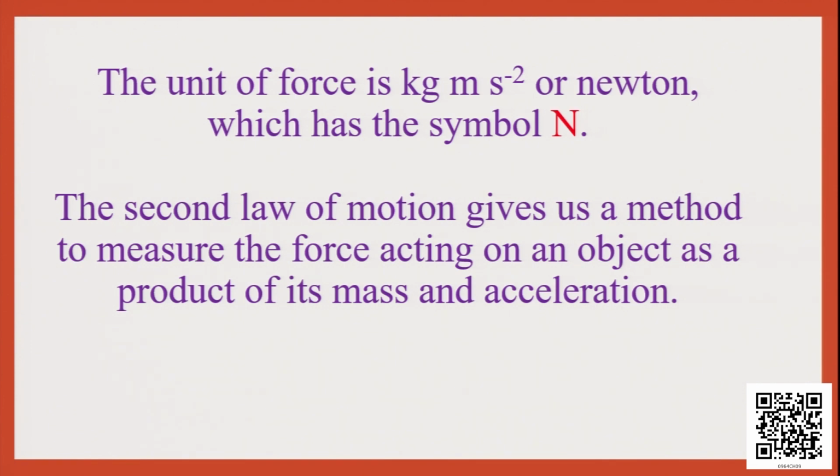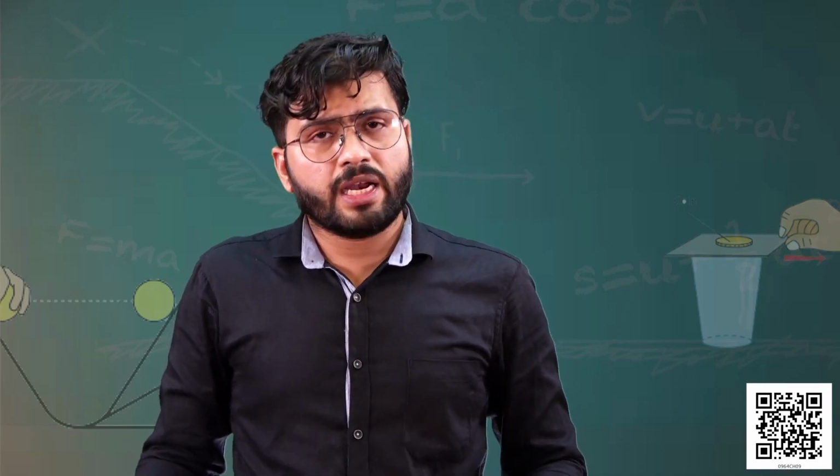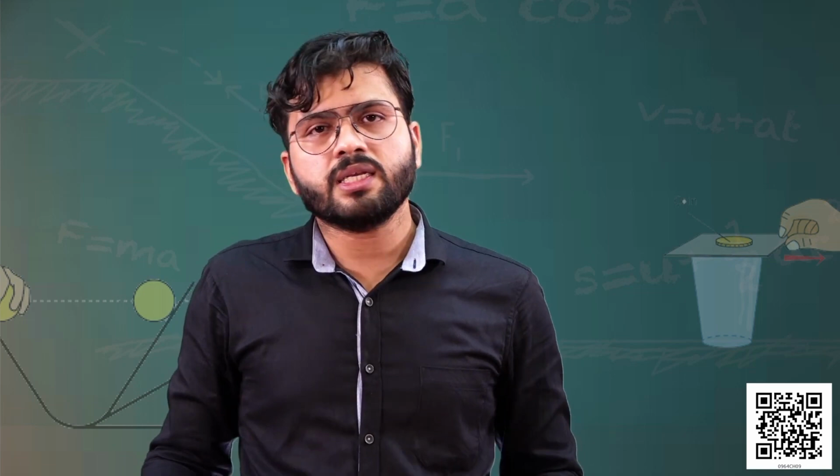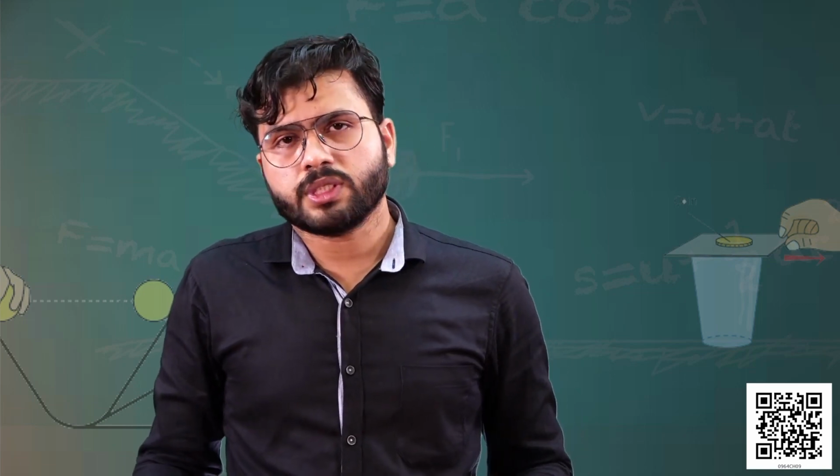Because that is the unit of acceleration, and otherwise, as we know, the SI unit of force is Newton, given by the symbol N. So, here what we conclude is that the second law of motion gives us a method to measure the force acting on an object as a product of its mass and the acceleration. So, rate of change of momentum is your force, and force can be calculated mathematically as the product of mass into acceleration of the object.